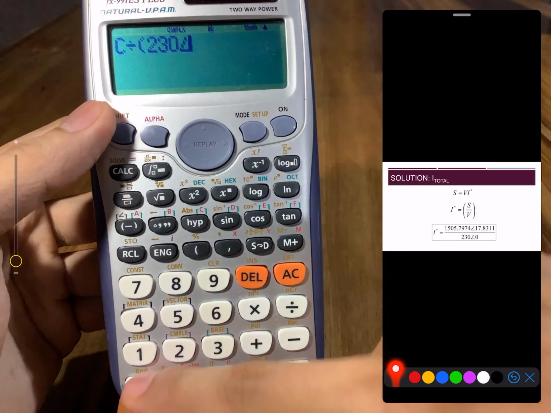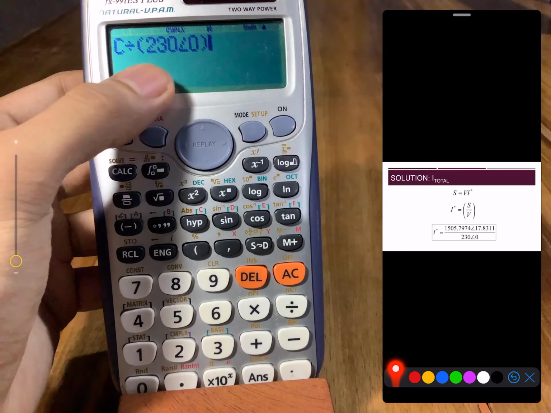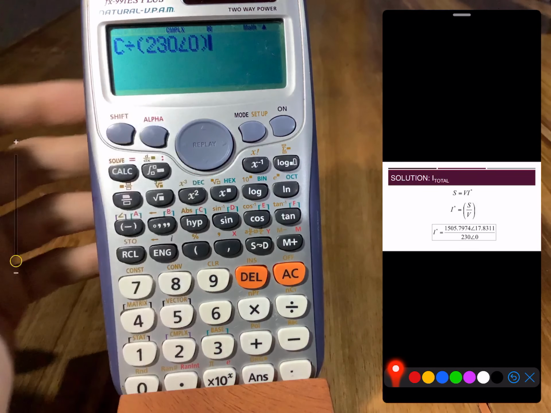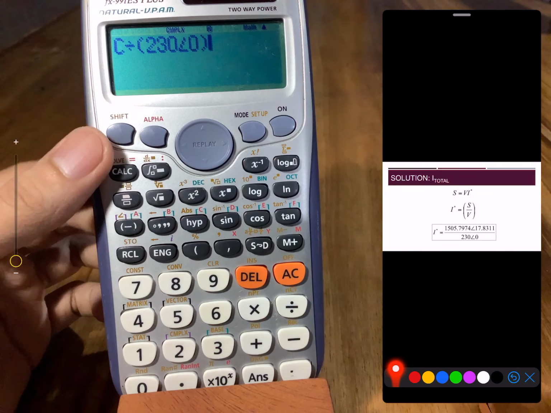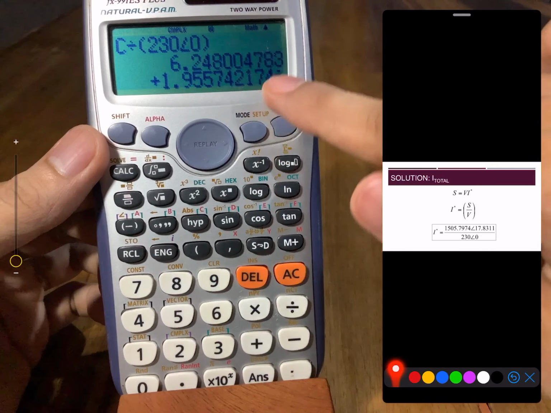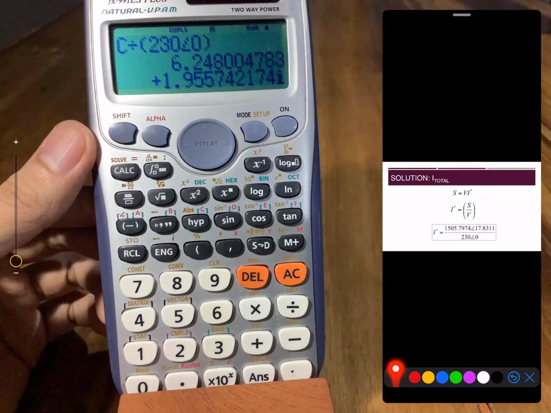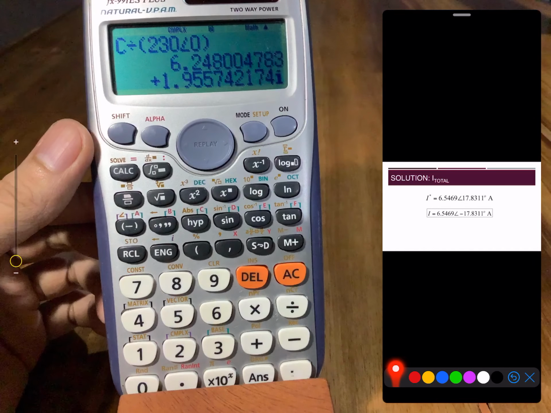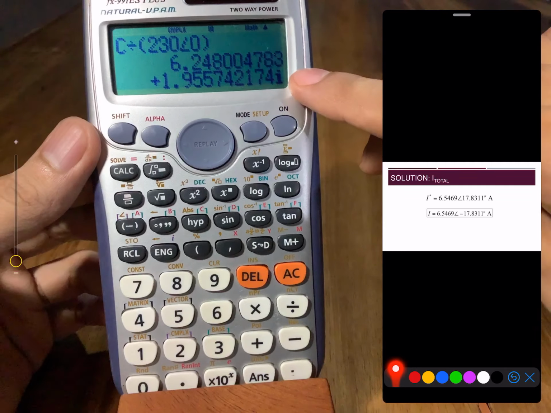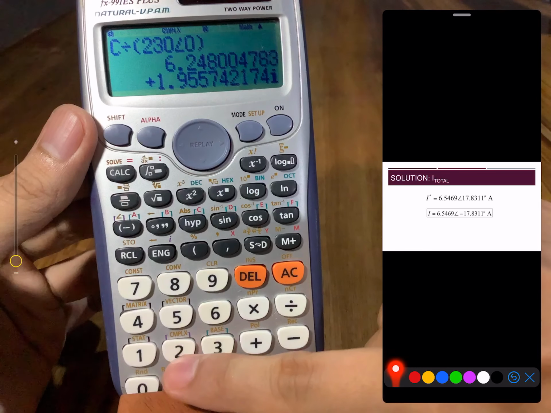So 230 angle 0. So C is the computed power and 230 angle 0 is the voltage of the system. So that is equal to this part in terms of rectangular form, but in our solution, we express that in terms of polar form.